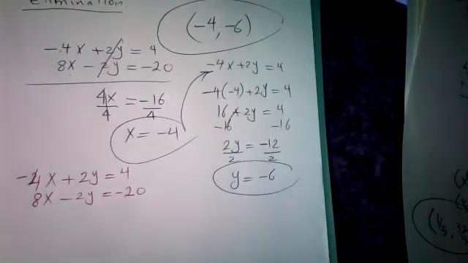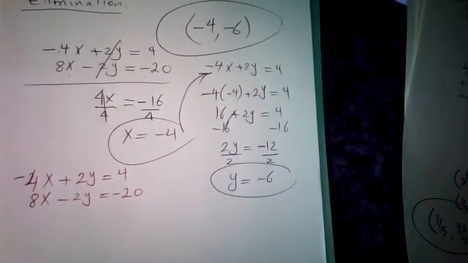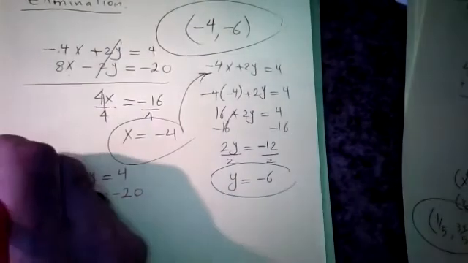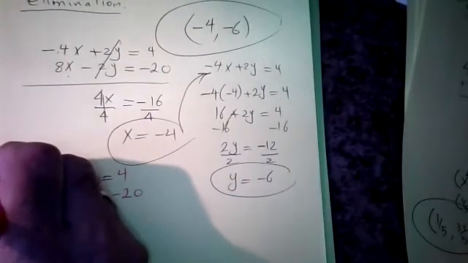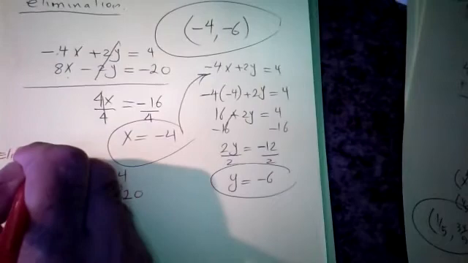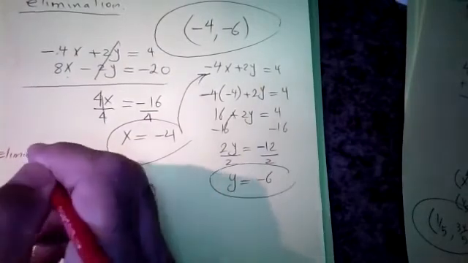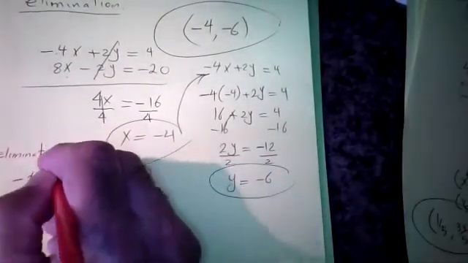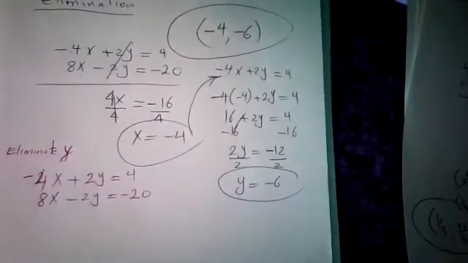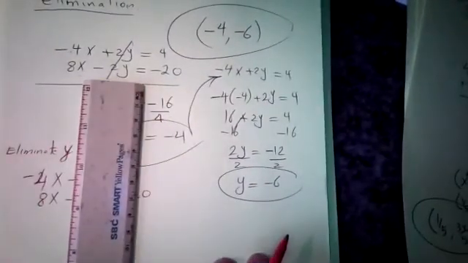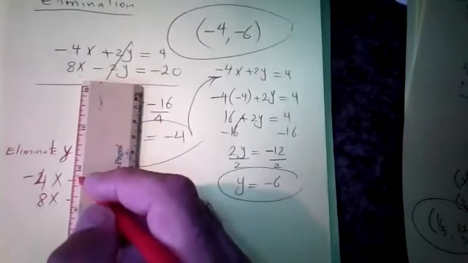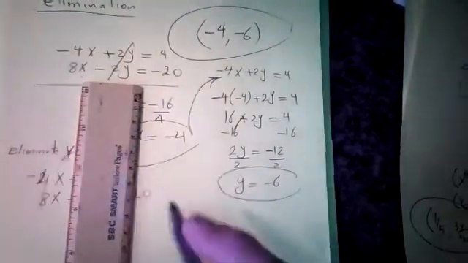All right, so now I want to eliminate y this time, I'm sorry. I want to eliminate y, right? Let's look at it. What do you have on this side? You have -x and 8x.